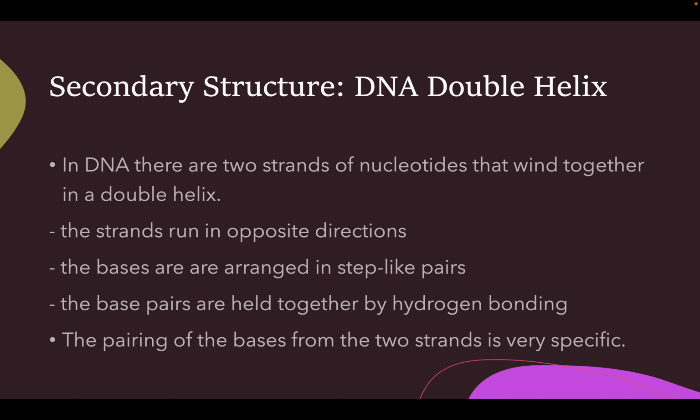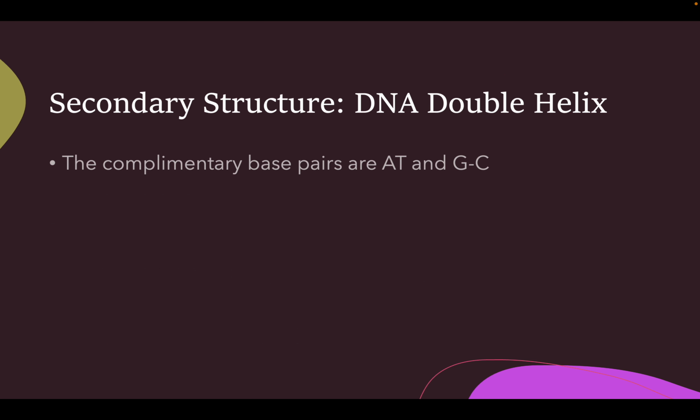So there are 2 strands. Suppose in one strand we have adenine, in the other strand we should have thymine, and these two form a hydrogen bond between them, right? And these 2 strands are always held together by hydrogen bonding. So the complementary base pairs are AT and GC, which means adenine and thymine, guanine and cytosine. Adenine is a purine and thymine is a pyrimidine.